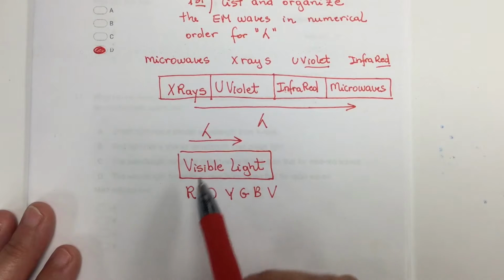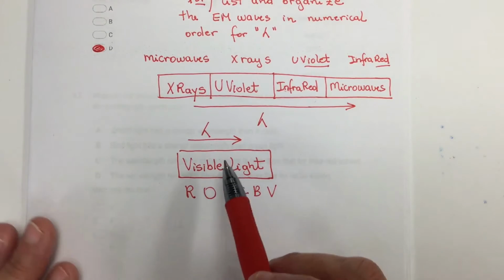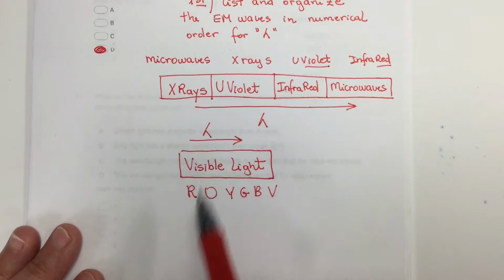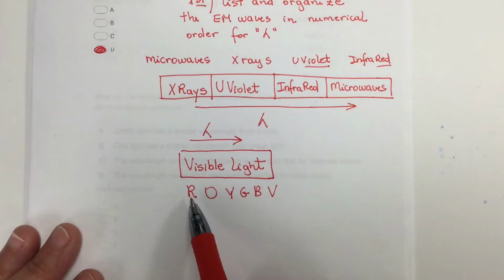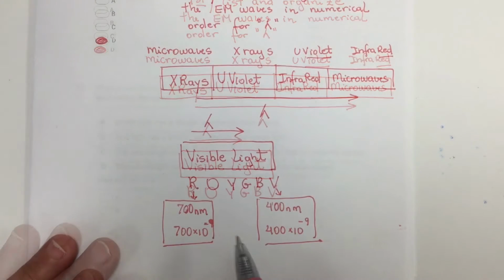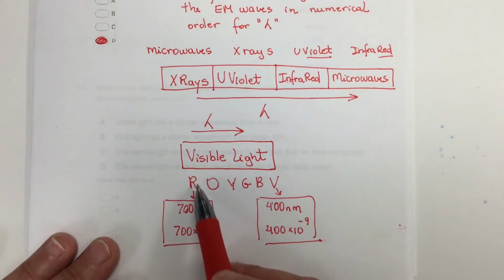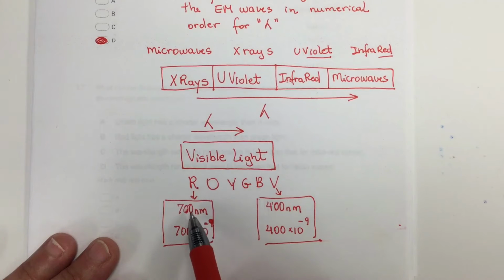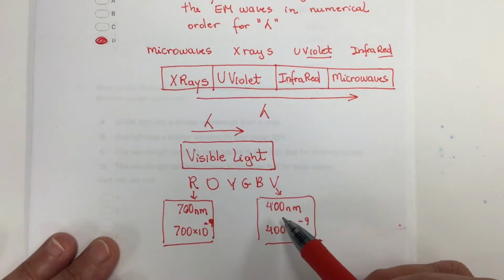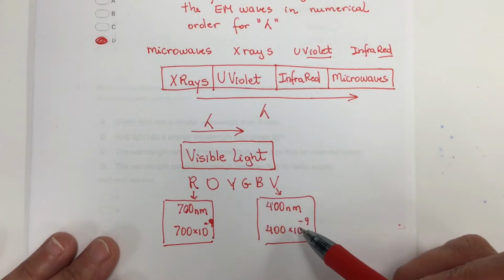This is a typical example: visible light. So the visible light, we organize from the longest wavelength to the shortest wavelength. So the range goes from 700 nanometer, which corresponds to red, to 400 nanometer, which corresponds to violet.